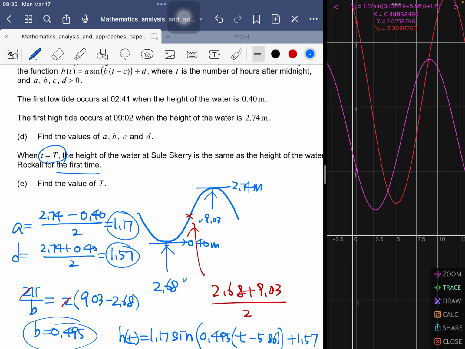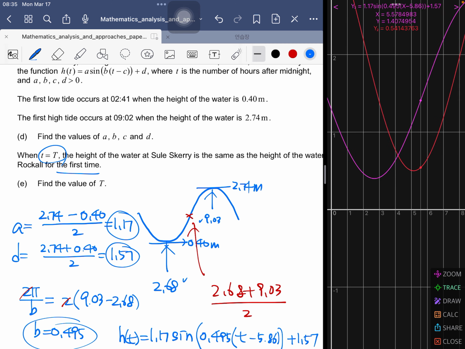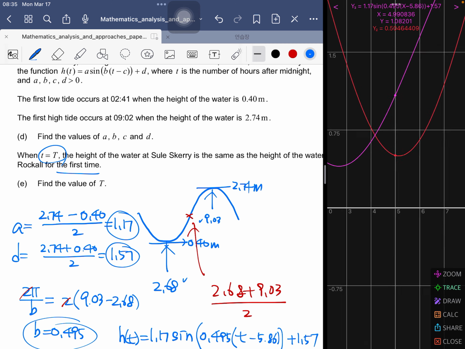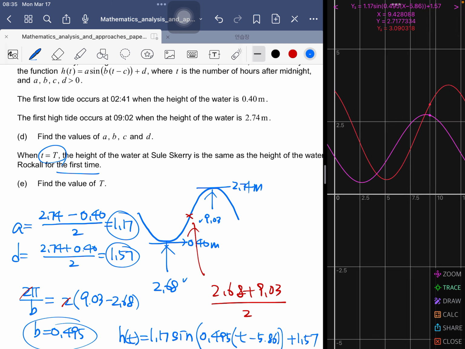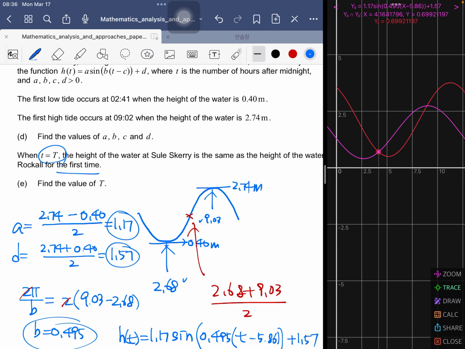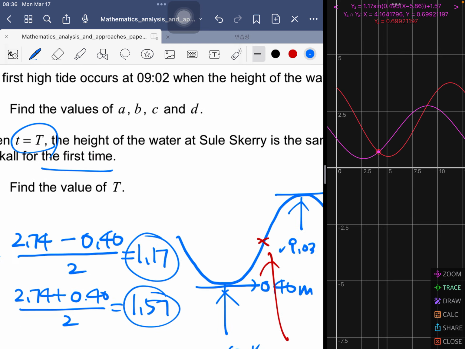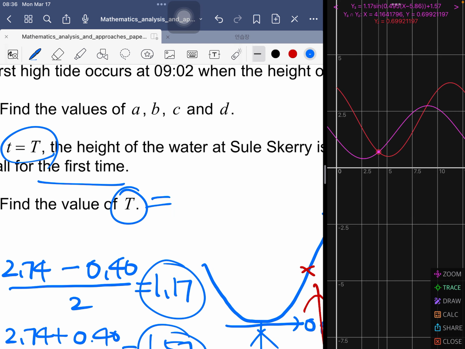As you see, the first intersection of these two graphs happens over here. So we find this value here. x becomes 4.16. So large T equals 4.16 hours.